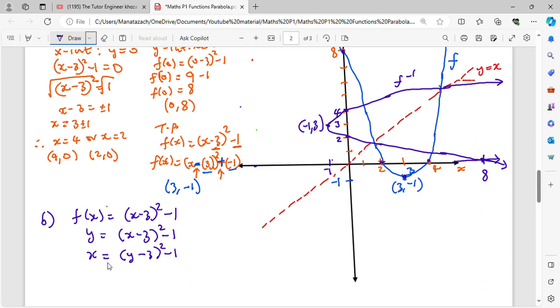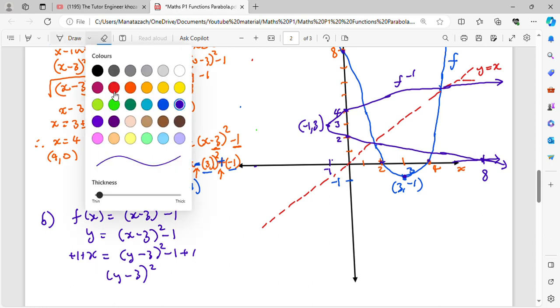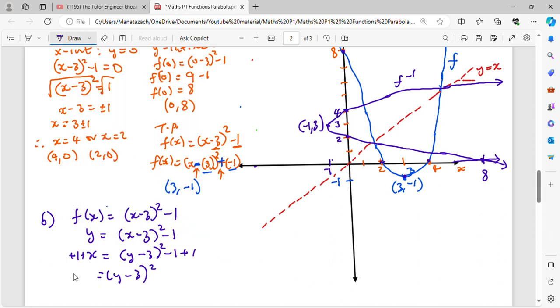So here you can just add 1 on both sides, then you'll have y minus 3 squared on this side, and the other side will have x plus 1.